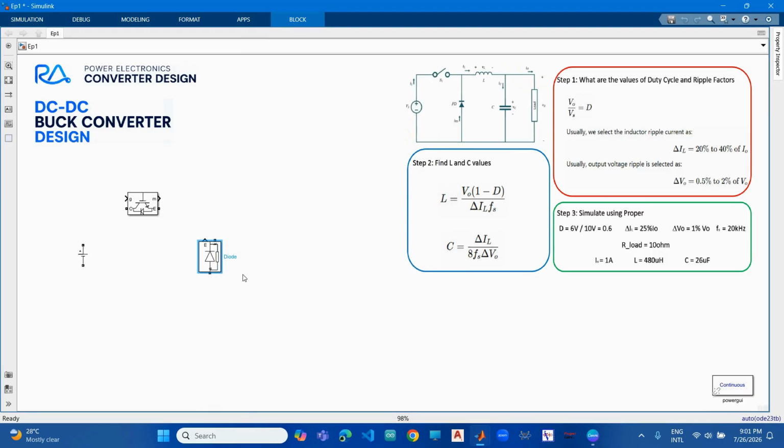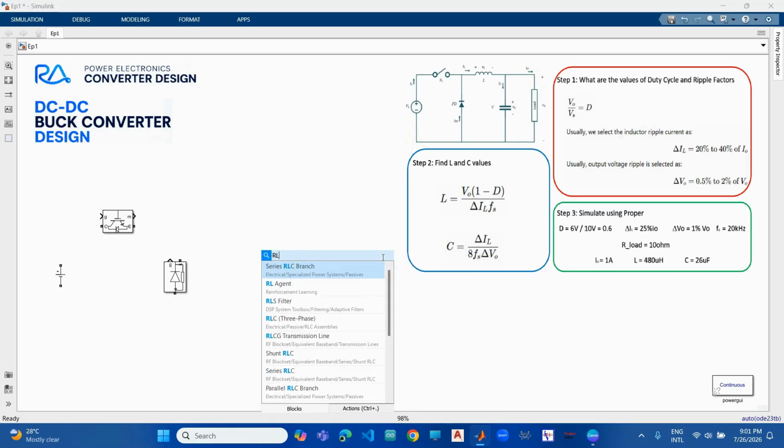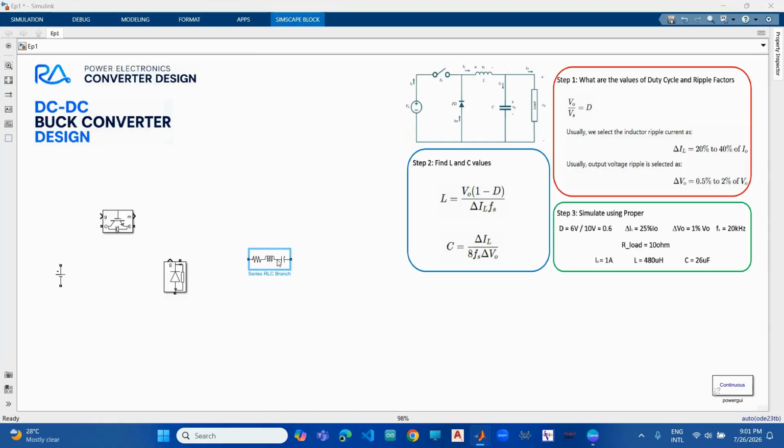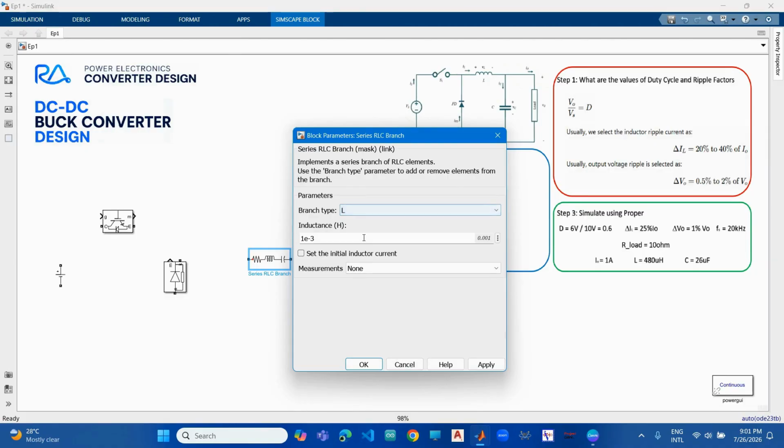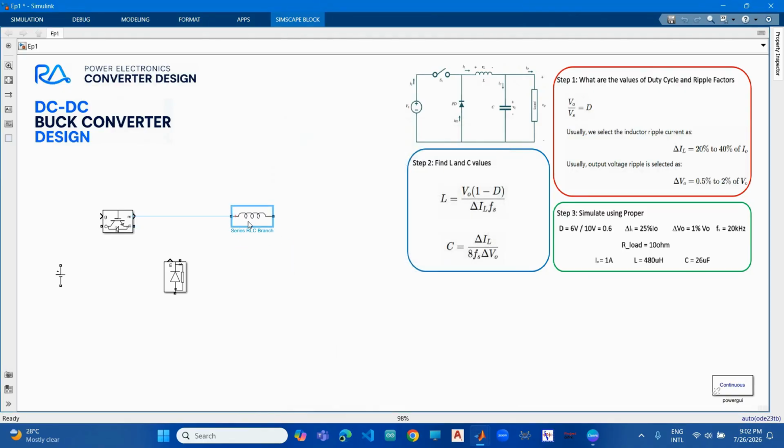Then we select our inductor. For the inductor, we need the series RLC branch. Then go to that one, and we make it an inductor, and the value will be 480 microhenry, 480 times 10 to the power minus 6. Then apply. Then it will be the inductor.